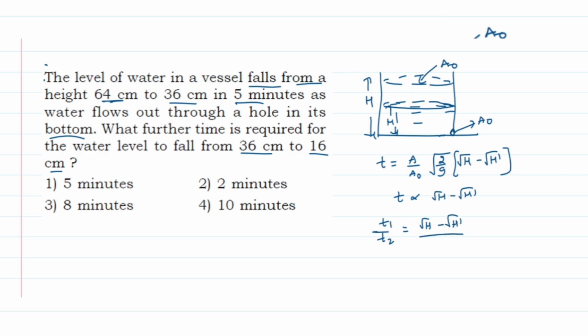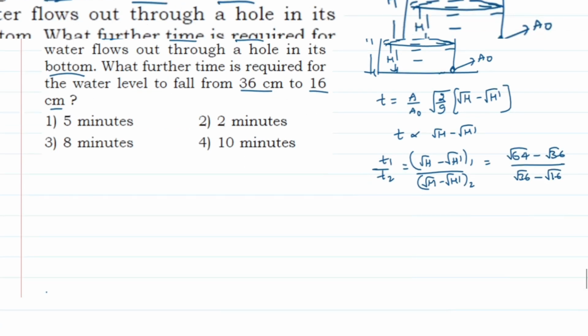That means T1 by T2 equals root h minus root h dash for the first case, by the same for the second case, which is equal to root 64 minus root 36 by root 36 minus root 16, falling from 36 centimeter to 16 centimeter. Now you have to simplify this.